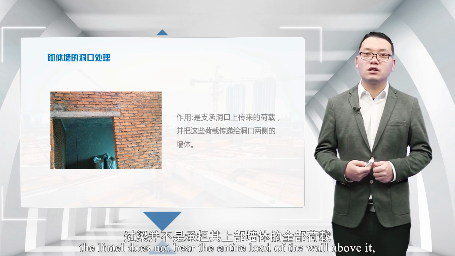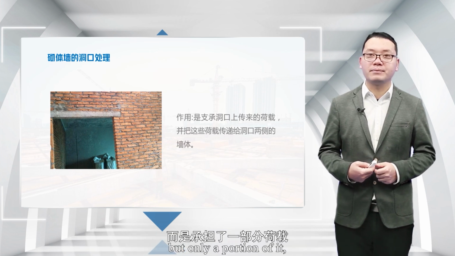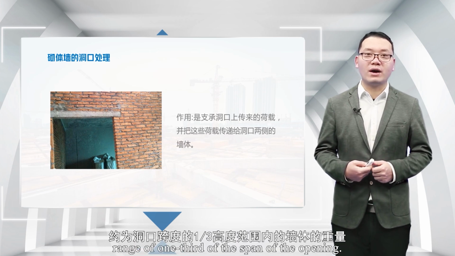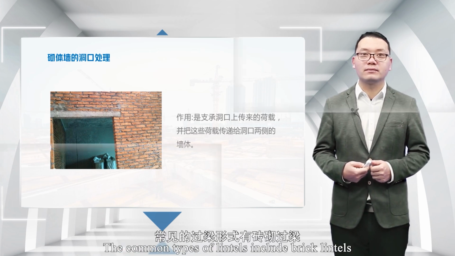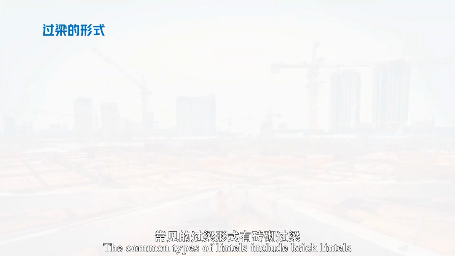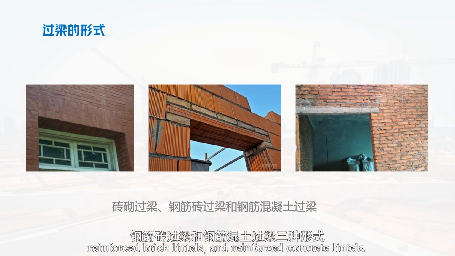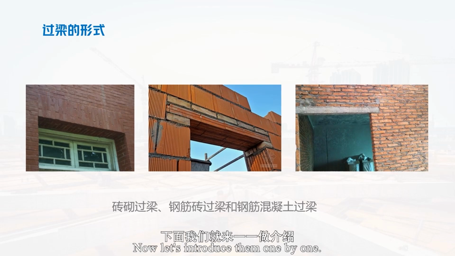Therefore, the lintel does not bear the entire load of the wall above it, but only a portion of it, approximately the weight of the wall within a height range of 1/3 of the span of the opening. The common types of lintels include brick lintels, reinforced brick lintels, and reinforced concrete lintels. Now let's introduce them one by one.